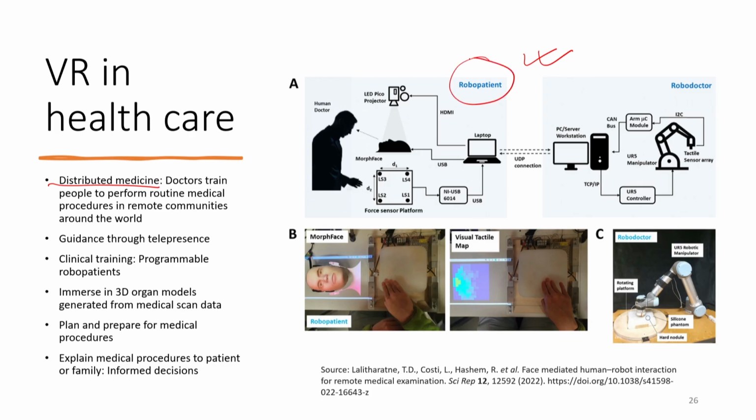There is a robo patient, robo doctor system that has been set up and the human doctor has access to a projected face, whereas a robo doctor is actually working on the real patient and the experiences that the robo doctor is getting through a tactile sensor array on the real patient are then being transferred into the feelings that are being projected on the morphed face. So, that the human doctor can sense what impact his actions are having on the real patient.